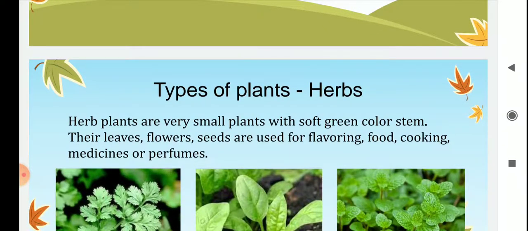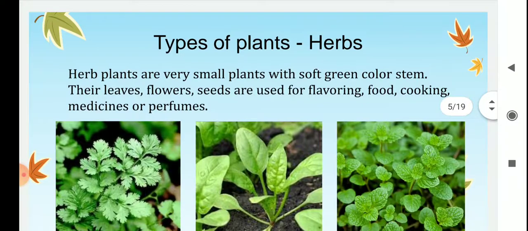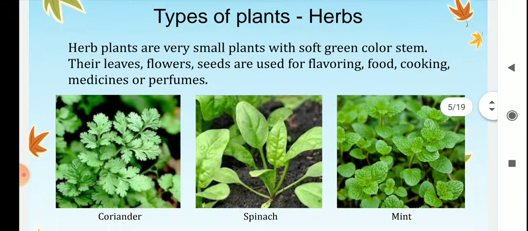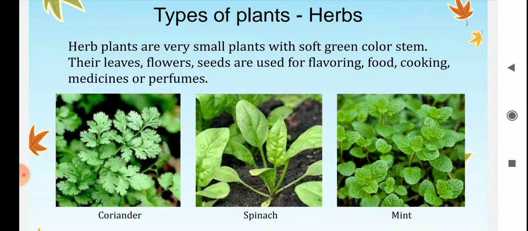Then herbs. Herb plants are very small plants with soft green stems. Their leaves, their flowers, their seeds are used as a flavoring agent and also as food, for cooking purposes, medicine, and sometimes for perfumes.